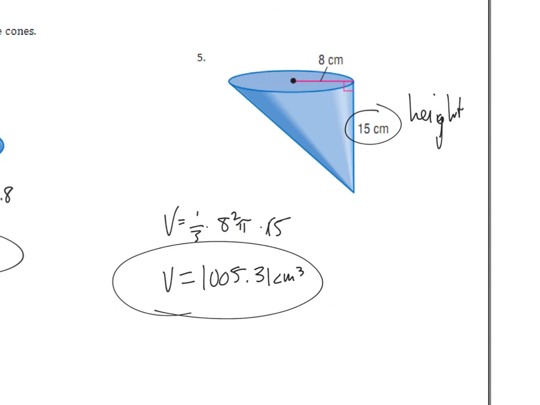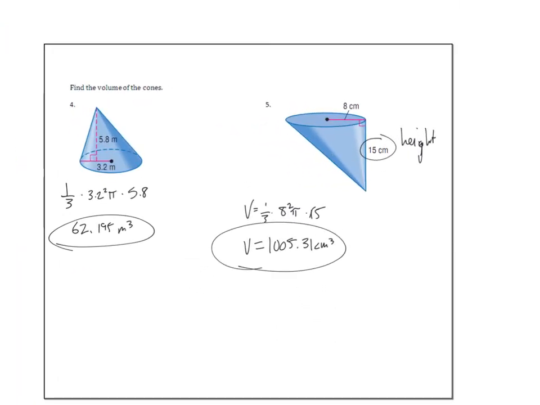All right, that's all you're doing. You're taking volume, which is just area of the base times the height. And then for pyramids and cones, you just do that and then divide it by 3.